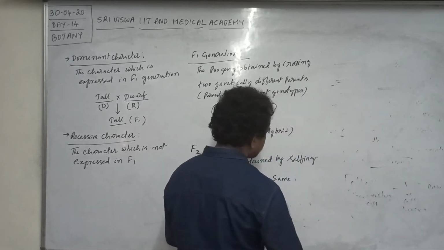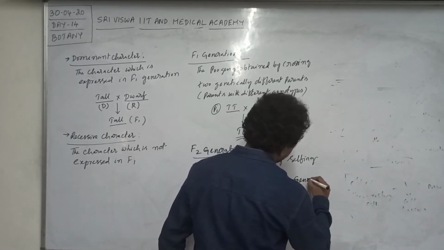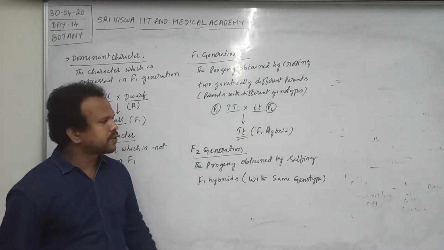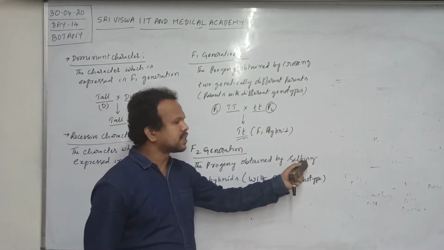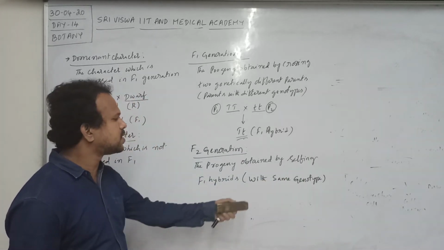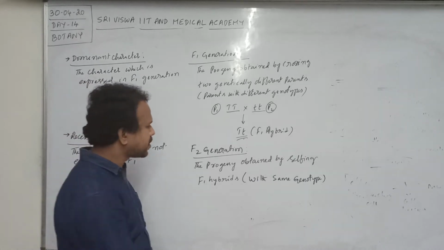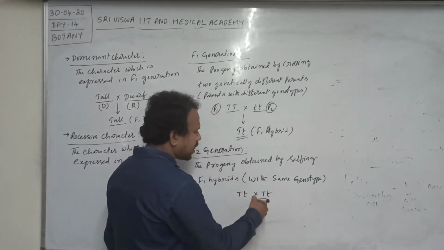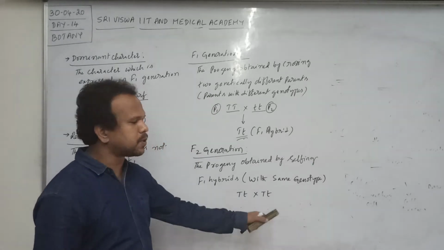With same genotype. Here selfing means a cross made between two different plants having the same genotype, which is said to be selfing or self-pollination. That is genetically self-pollination. For example, say this is F1 and the other plant is also having the same genotype.